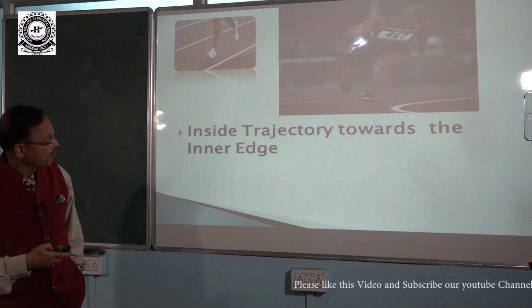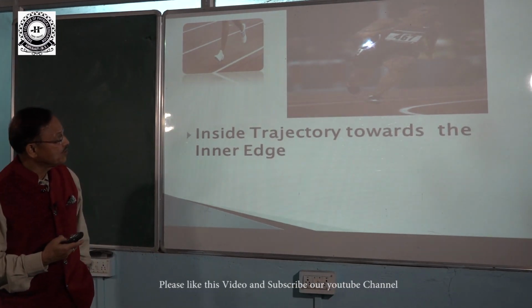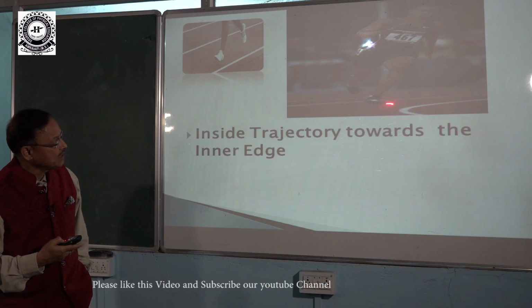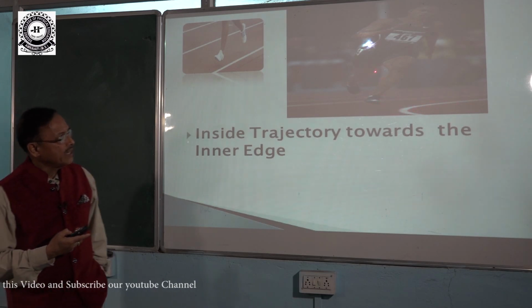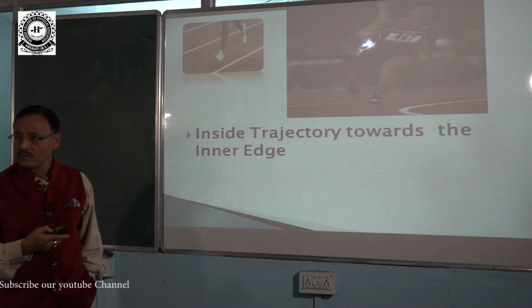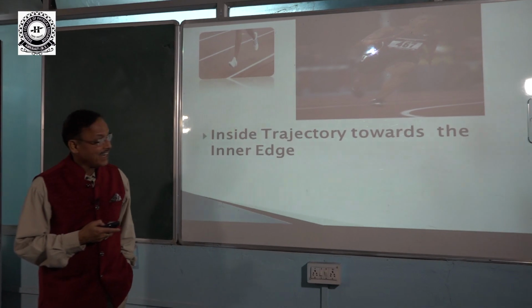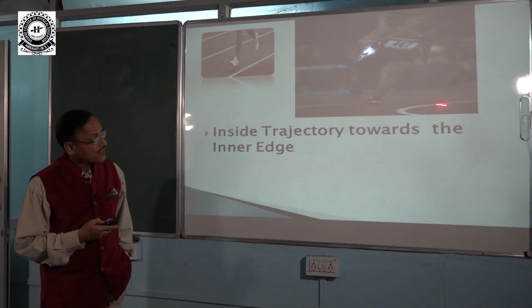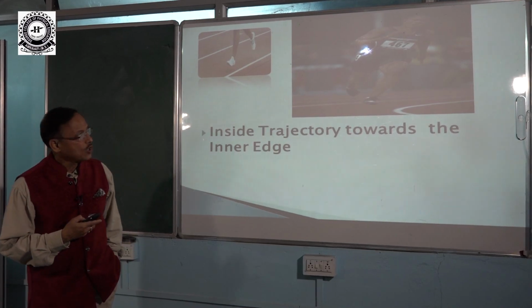Next, inside trajectory towards the inner edge. Now while he runs, you can very well see this is a curve line. Curve line in the sense when a person or an athlete runs in a curvilinear path, then you will see there is a force known as centrifugal force that acts on him.